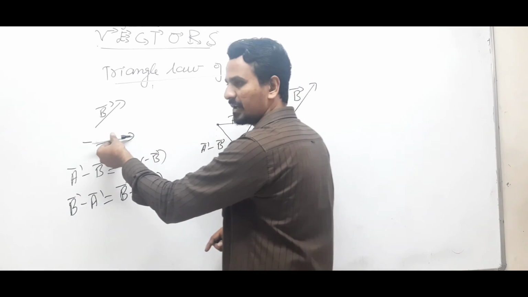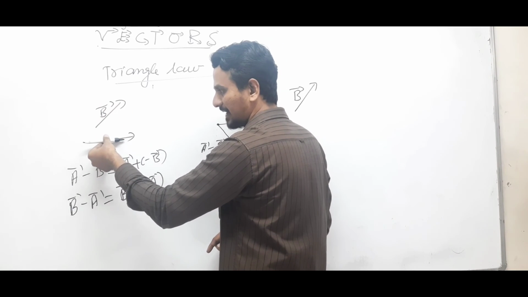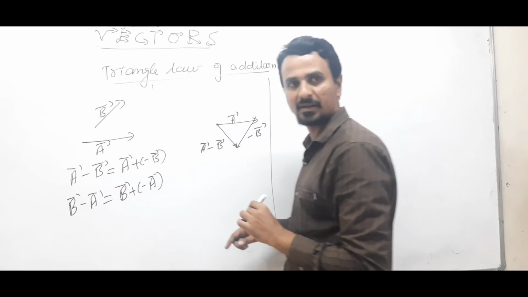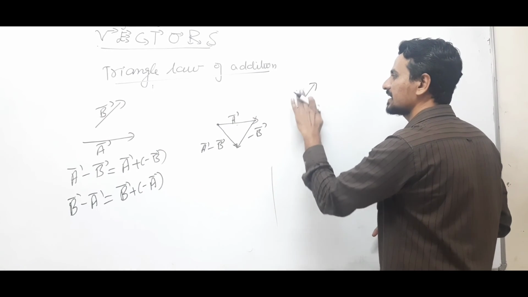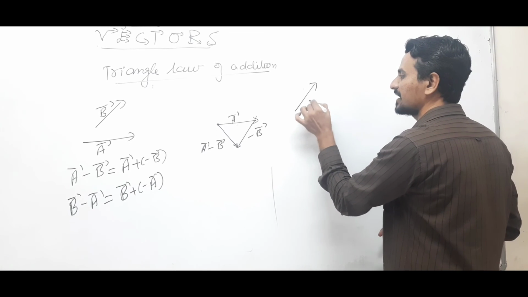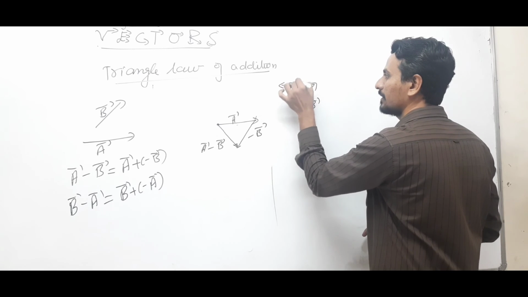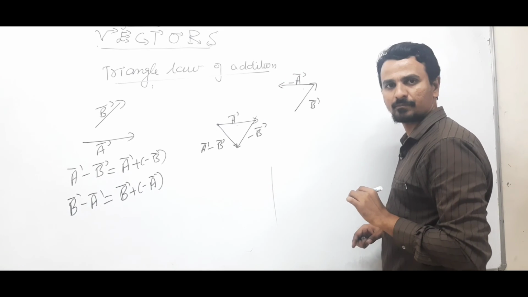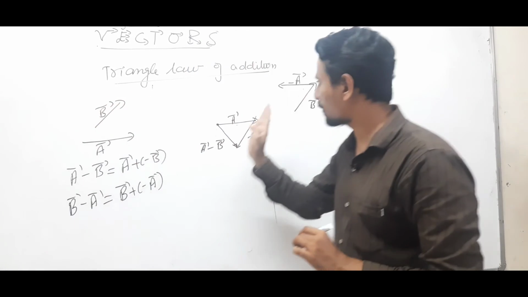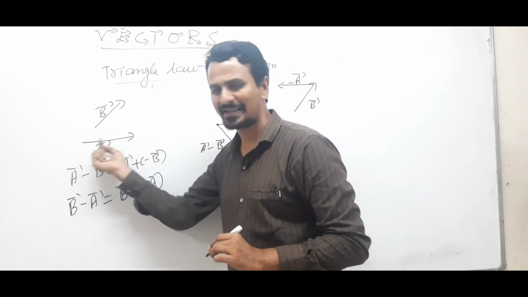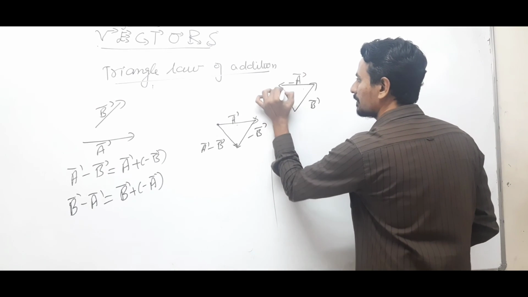This is your vector A, this will be minus A. So from the head of the first vector, we will place the tail of the second vector, but it should be minus A, so it will be in this direction. This was your vector B, I will draw it as it is. This was your vector A, so minus A will be opposite. So this will be B minus A.